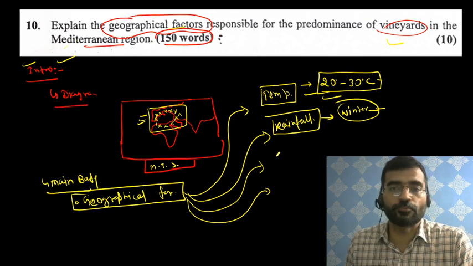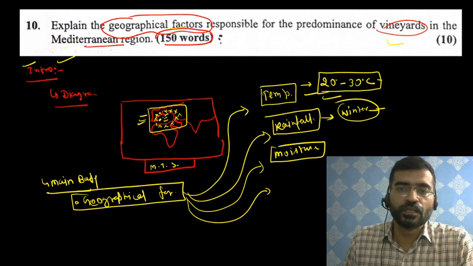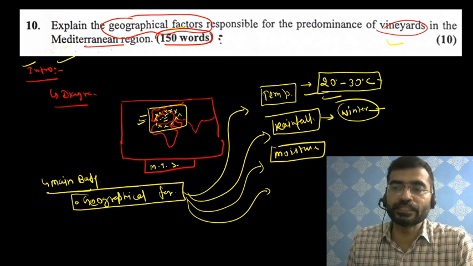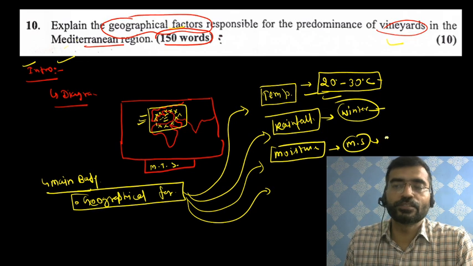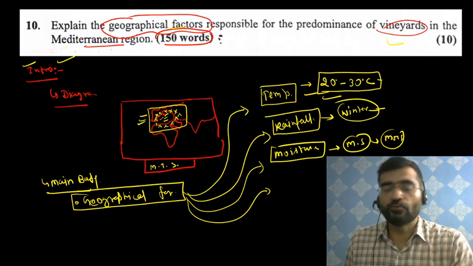Again, the next point we will take here is moisture. You can identify that the Mediterranean region is surrounding the Mediterranean Sea, and the sea provides sufficient moisture. Moisture is fundamental for the fruit to have juice.